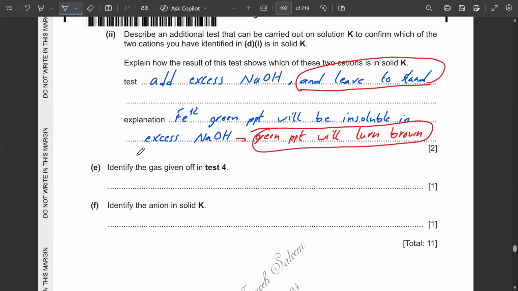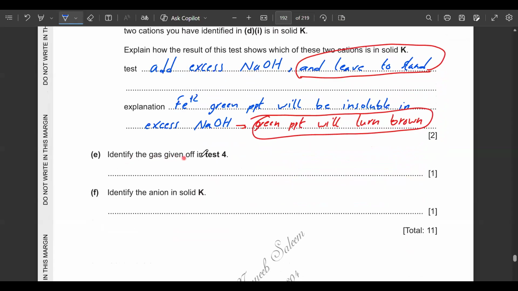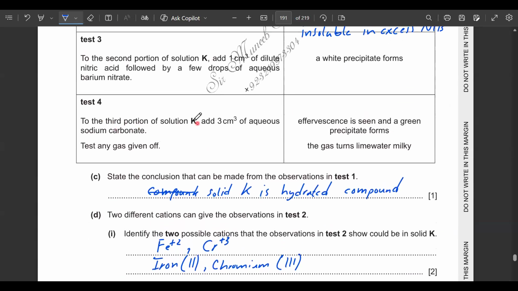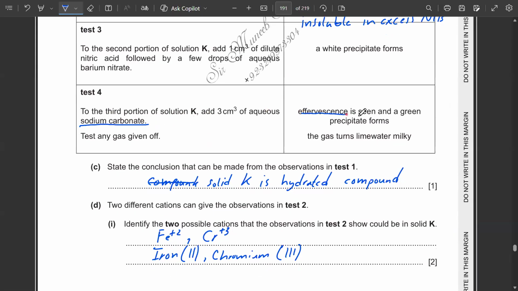Okay, then E part: identify the gas given off in test 4. So in test 4, they have used sodium carbonate and effervescence is seen, which shows a gas is produced, and that gas turns lime water milky. I hope you are now familiar with which kind of gas provides this result. You can give your answer in the chat box. Which gas is this one that turns lime water milky?